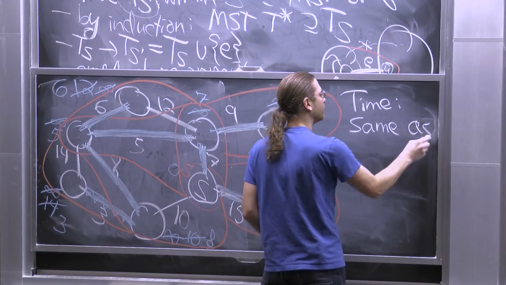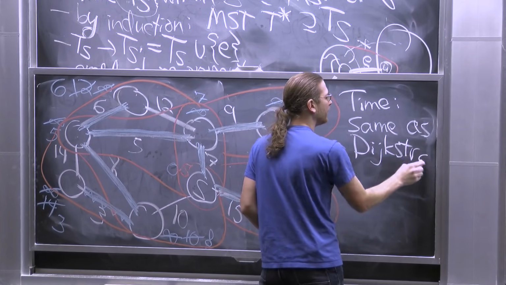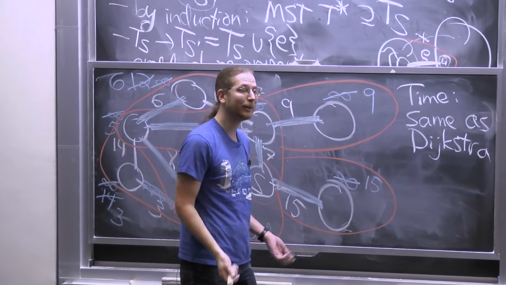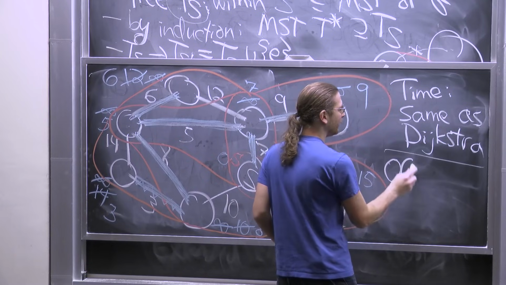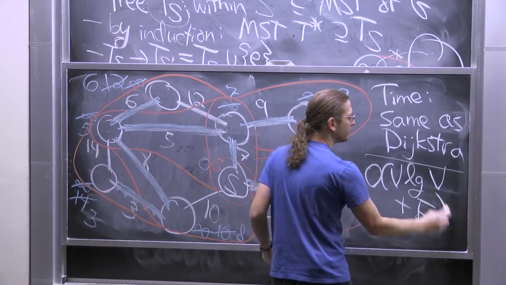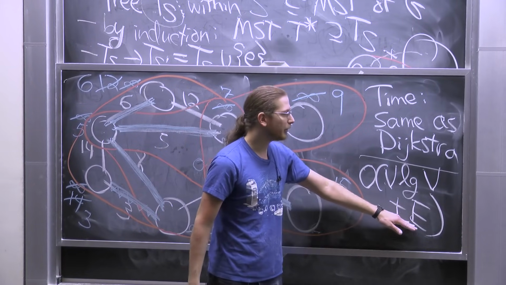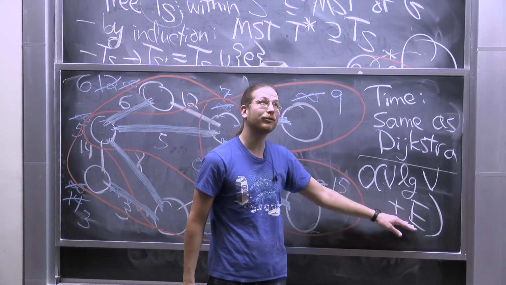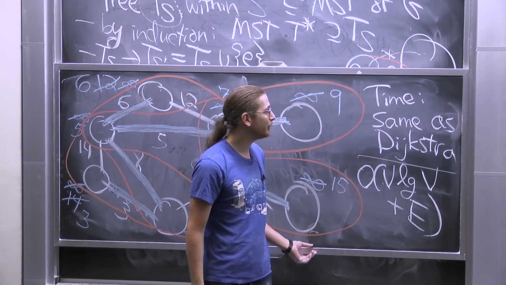And so in particular, if we use Fibonacci heaps, which again we're not covering, we get V log V plus E. In general, for every edge we have to do a decrease key. Actually, for every edge we do 2 decrease key operations potentially, if you think about it.